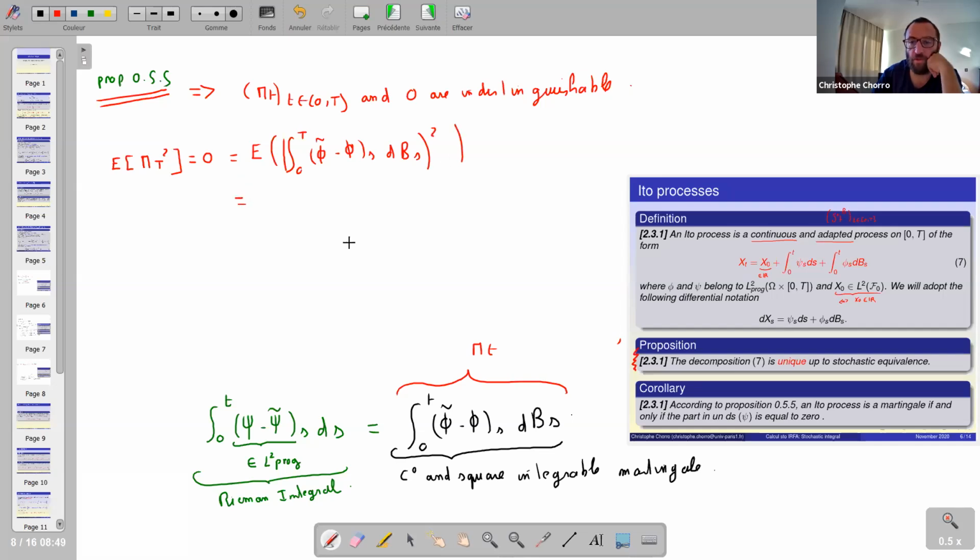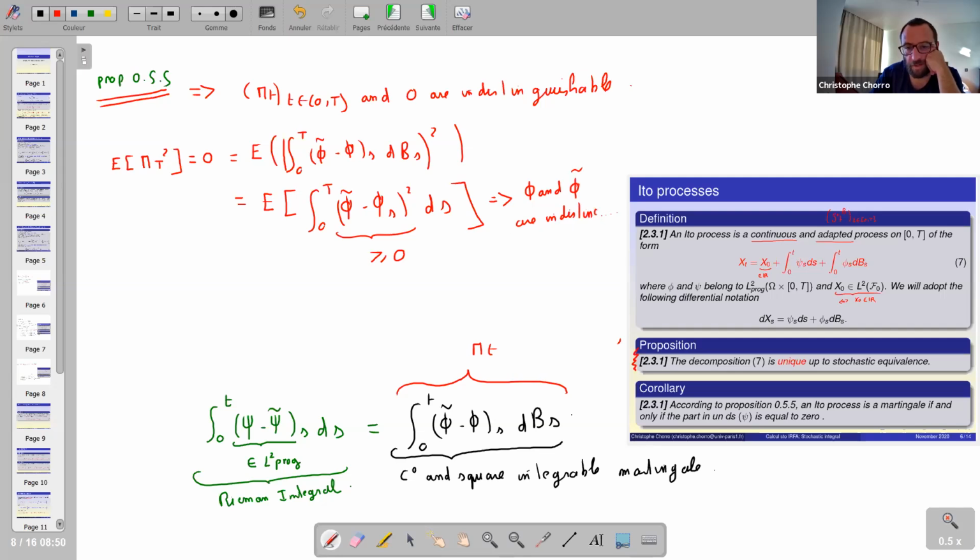And from the Ito isometry, I know that the expectation of the square of the integral is just the expectation of the integral of the square of what I have inside. Since this is positive and the expectation of the integral is equal to 0, it implies that phi and phi tilde are indistinguishable.